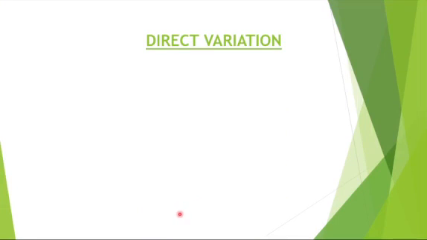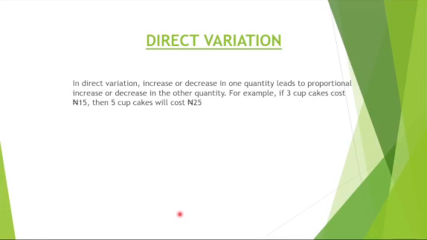All right, so what is direct variation? What is the understanding behind it? In direct variation, increase or decrease in one quantity leads to proportional increase or decrease in the other quantity. For example, if you have 3 cupcakes and they cost 15 naira, then 5 cupcakes will cost 25 naira.